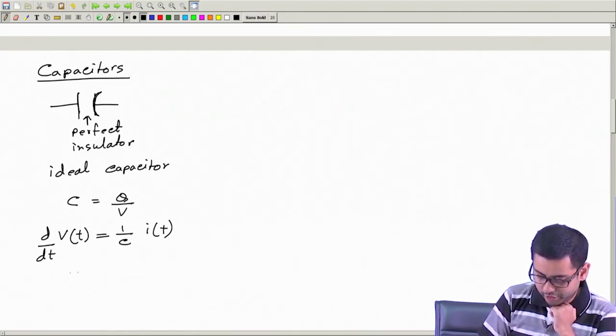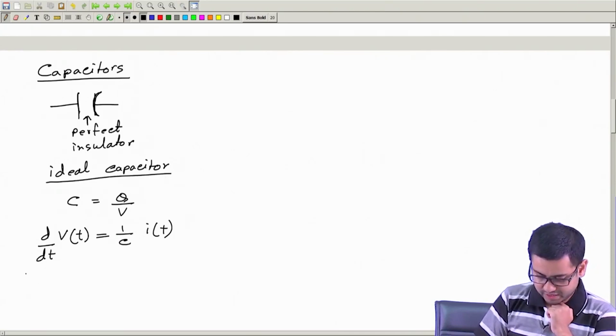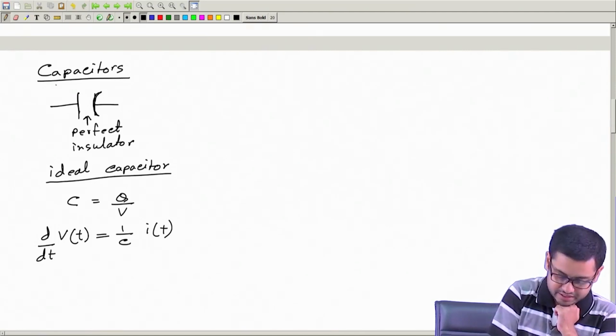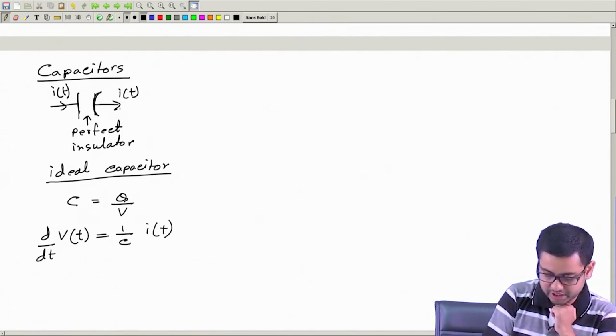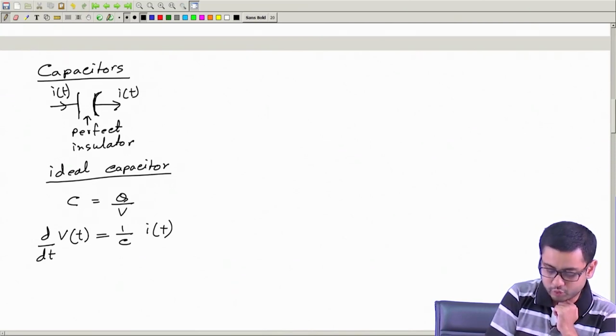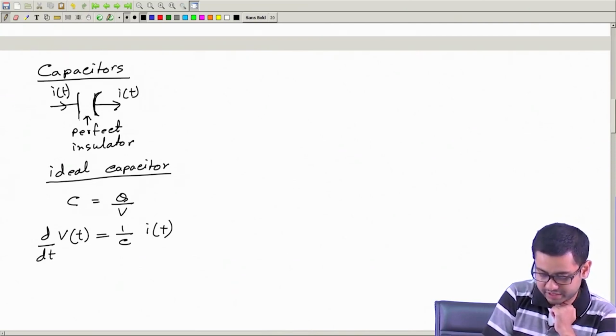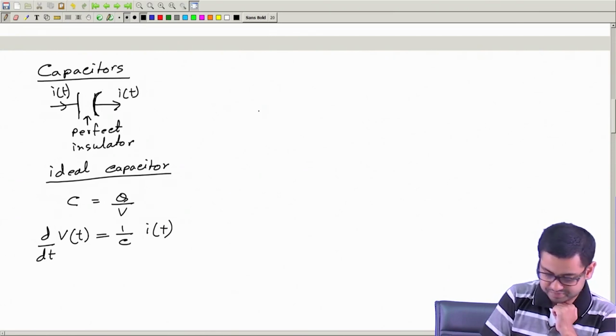This is perfectly true for an ideal capacitor. And the current that flows is this I(t). No current goes through the insulator. It flows only from outside to one plate and from the other plate to outside.